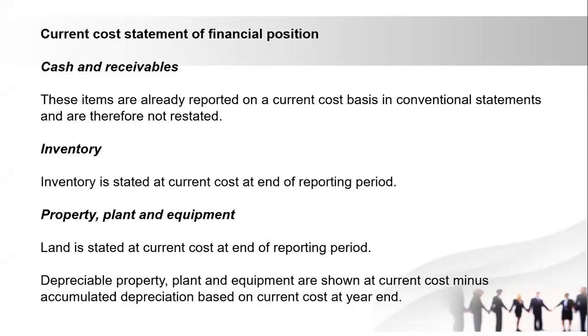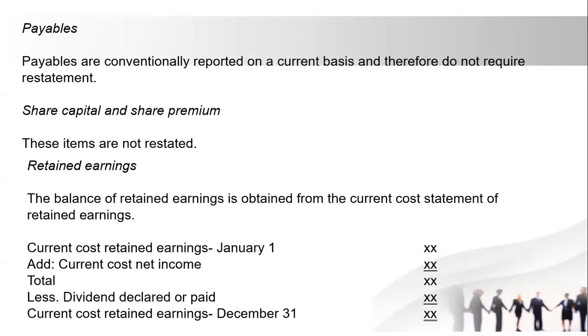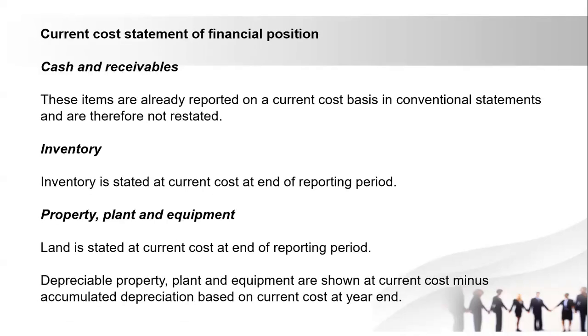Depreciable property, plant, and equipment are shown at current cost minus accumulated depreciation based on current cost at year end. Take note of the difference between land and the depreciable fixed assets.